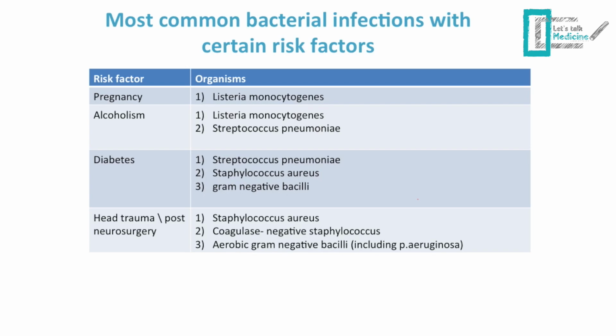Patients with head trauma and post-neurosurgery are more prone to Staph aureus infection and coagulase-negative Staphylococcus organisms, for example Staph epidermidis, and we have the gram-negative aerobe, for example Pseudomonas aeruginosa. So three different organisms are more common in head trauma and post-neurosurgery: Staph aureus, Staph epidermidis, and Pseudomonas.